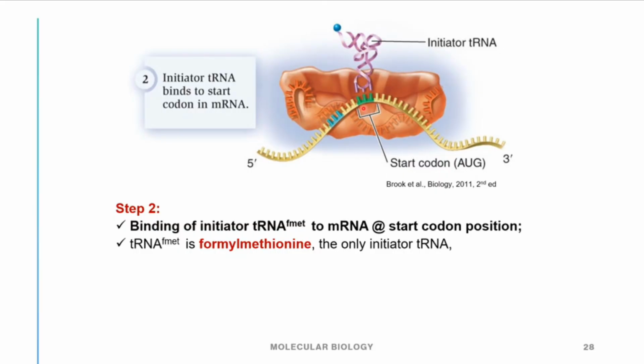Now, if you still remember the three locations inside the ribosome, A, P, and E site, you'll see that the initiator tRNA is actually bound to the P site of the small ribosomal subunit.